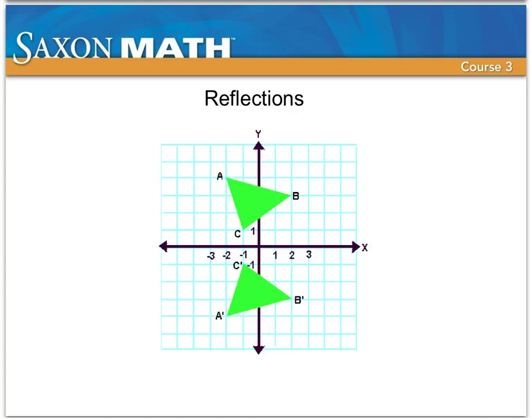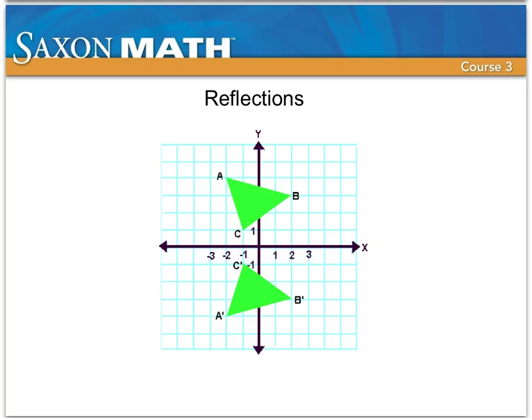Okay, well, when I flip the shape, the points A, B, and C should be the same distance from my flipping line right here as their corresponding points. So A and A prime should be the same distance from this line. B and B prime should be the same distance from this line. And C and C prime should be the same distance from this line, which you should be able to tell they are.